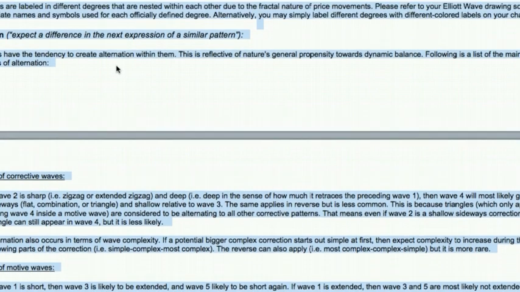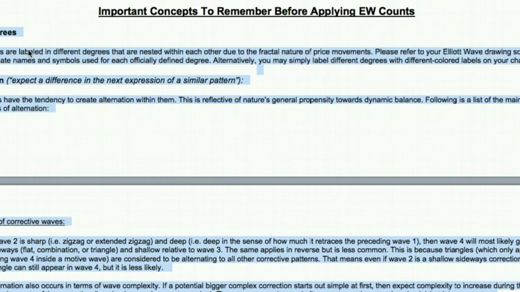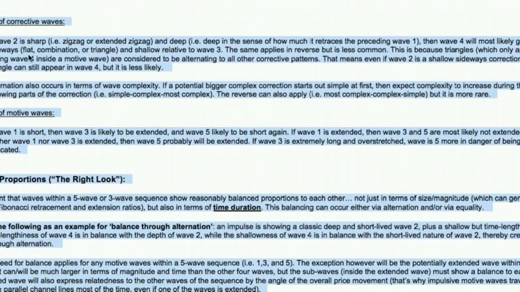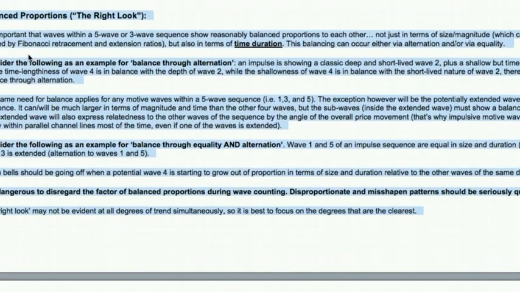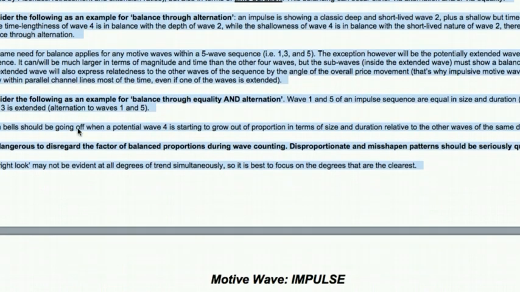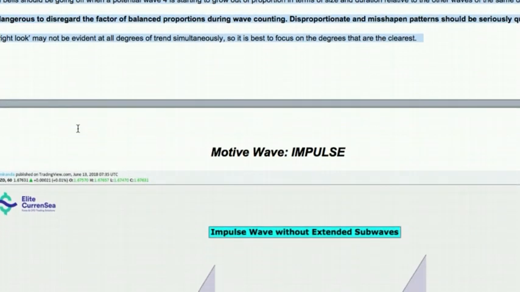For example, the alternation guideline is a really important one. I won't get into the details here because you can read it yourself. And then also balanced proportion, I think, is another extremely important factor that improves your Elliott wave analysis if you keep it in mind. So this section is important to start out with.